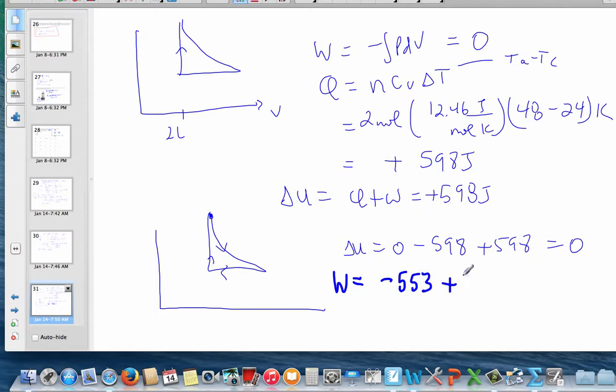Work was done on the gas as it was compressed. Then, going back and doing the isometric pressure increase, no work was done because there's no change in volume. So overall, work was negative or out, or work was done by the gas in this process.